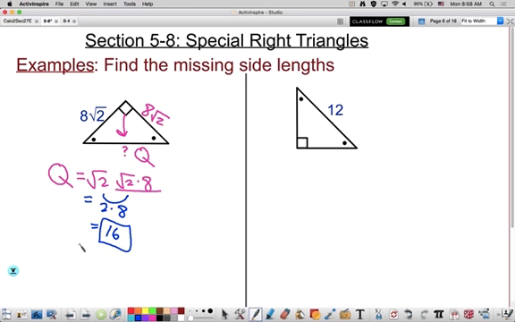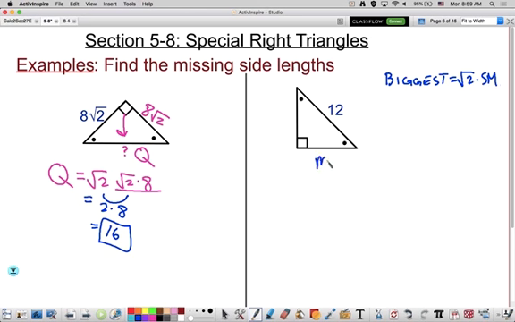Well, there's something weird going on here. Is this side the biggest, the smallest, or what? It's the biggest. So biggest equals square root of 2 times what? Smallest, right? But you don't know what small is. So what should you call small?